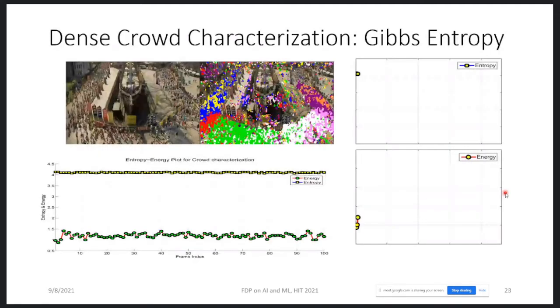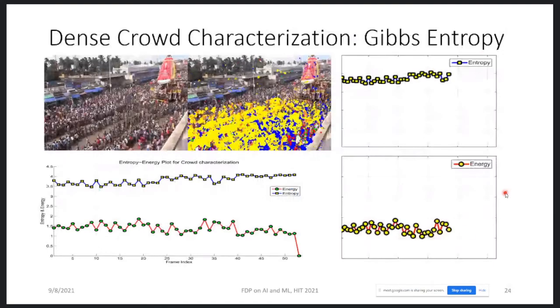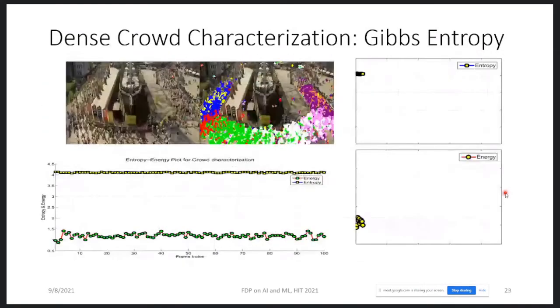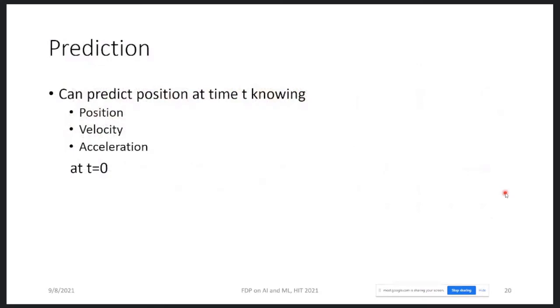Now, I will show you some of the applications of this tracking in dense crowd scenarios. Where we have applied not this velocity or position or acceleration, rather we computed energy and entropy. So we computed kinetic energy and entropy and we applied them on dense crowd scenarios.